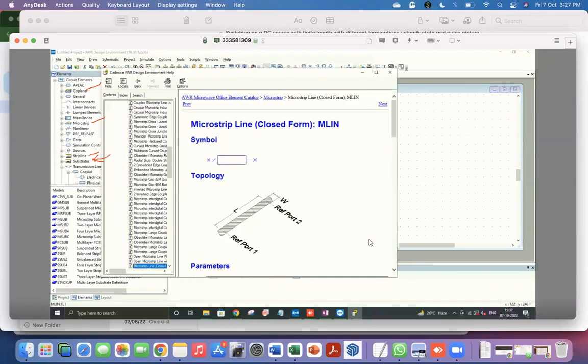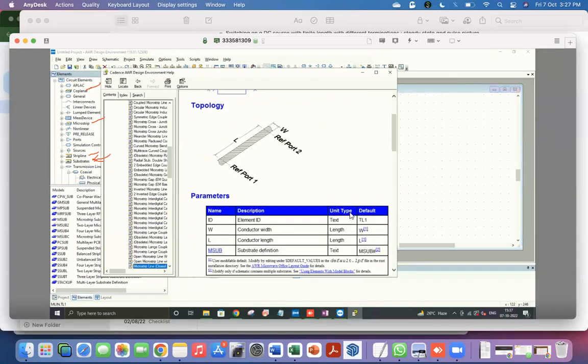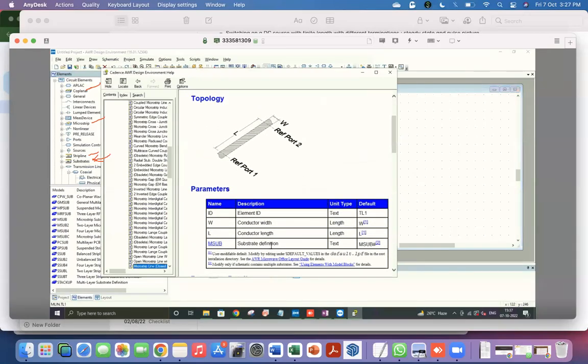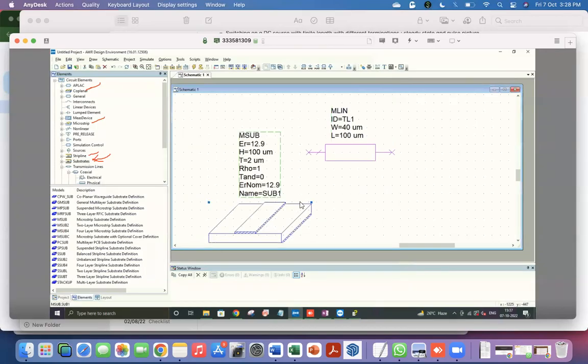It can actually be several types, but it will say substrate definition MSUB. And MSUB is what is here in this substrate list. So you just drag that here also, and this just needs to be in the same schematic. That's all, and it'll automatically link.